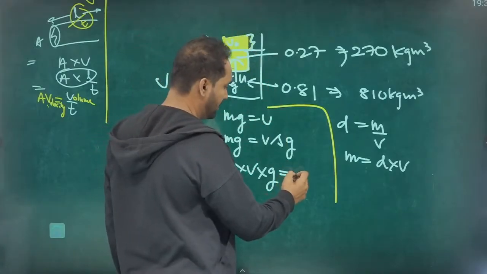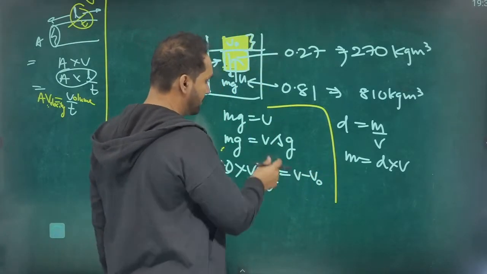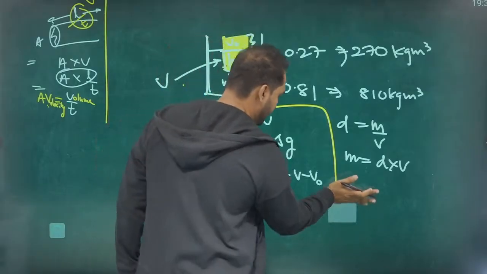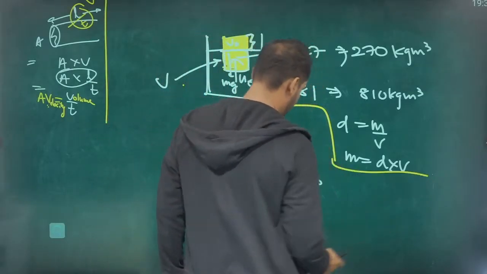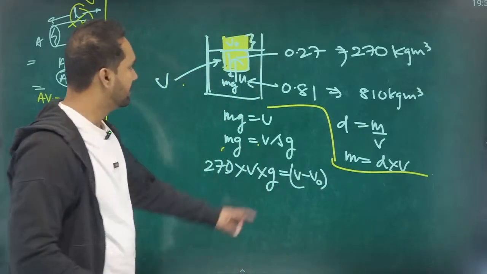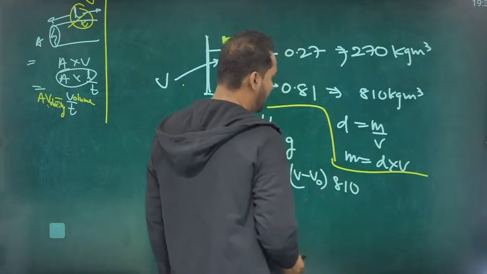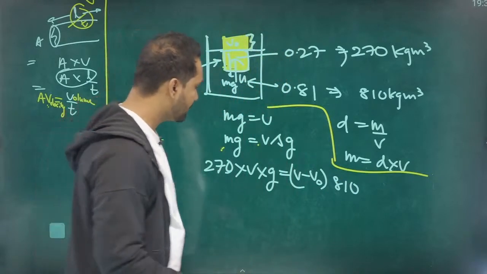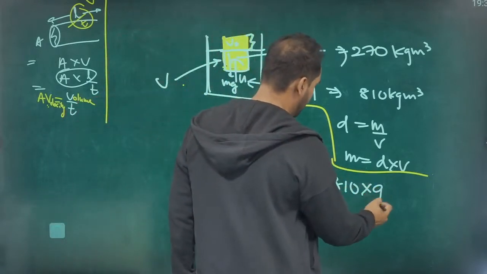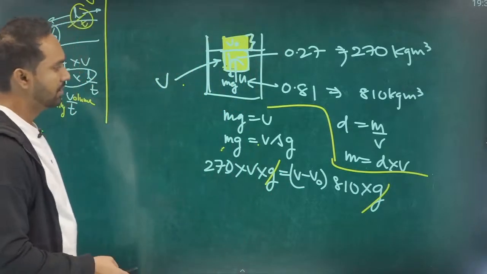So V minus V naught is the immersed volume, which gives the upthrust. So V minus V naught times the density of the liquid, 810, and the gravitational acceleration g. Anyway, g cancels out.